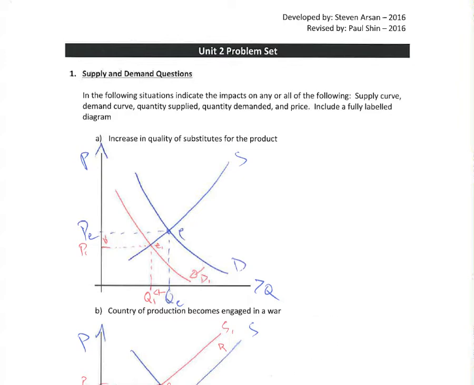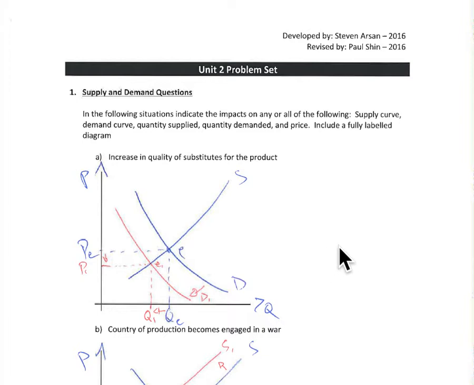So here you're also going to want to see the labels that I've put on the graph. Your axes should be labeled quantity and price with arrows. Your curves should be labeled S and D, and then D1 for the first shift in demand with an arrow for direction as well.